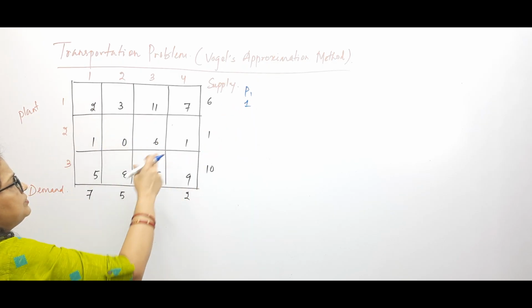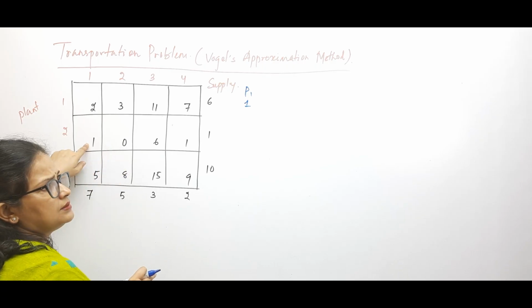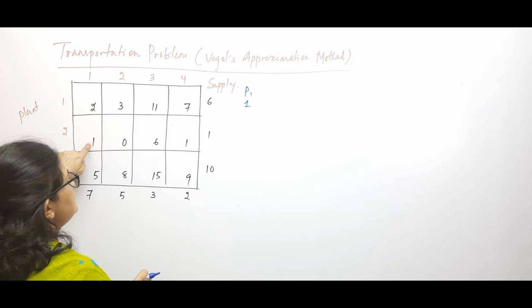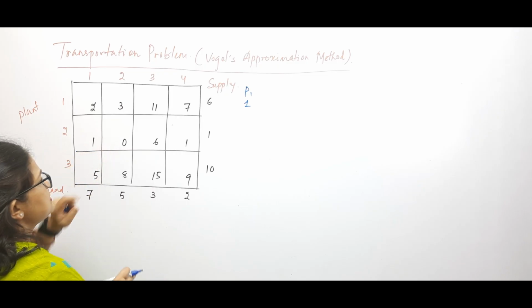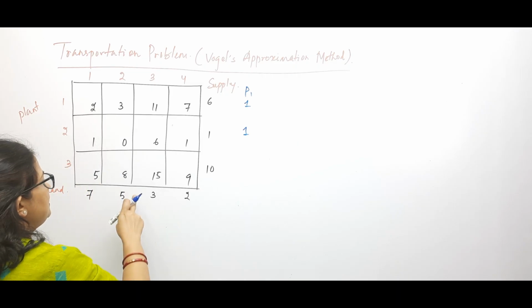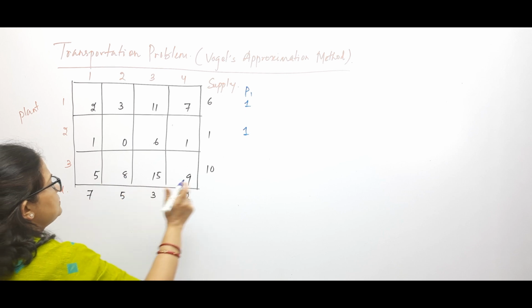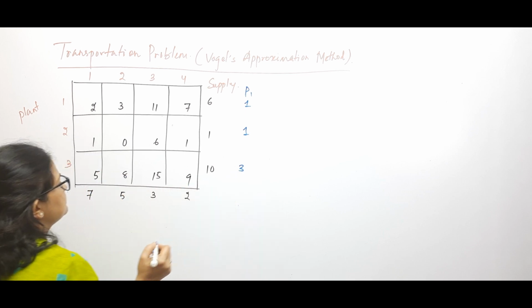In this case, the least cost is 0 and the next is 1. So 1 minus 0, we can take 1 here. For this case, it is 5 and 8, so the difference is 3 here.